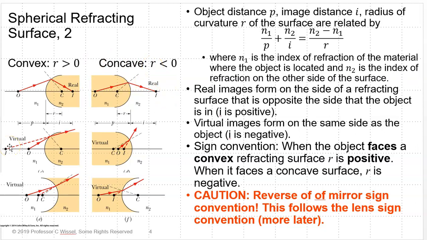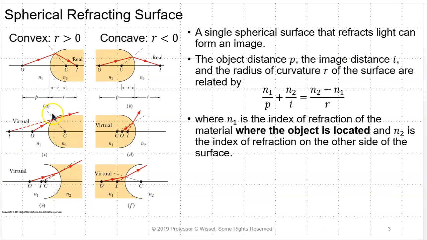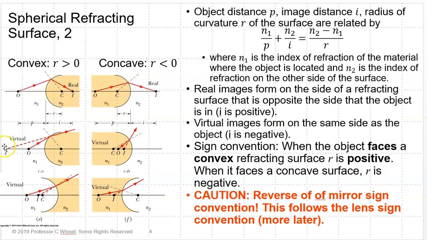Here's a situation where you have a virtual image. Okay, here is your object. It is facing a convex surface, so R is greater than 0. And the virtual image is forming out here on the same side. Here, of course, O is the object, and the image is formed here. It is facing a concave surface. And, of course, this will be a virtual image because it's on the same side as the object.